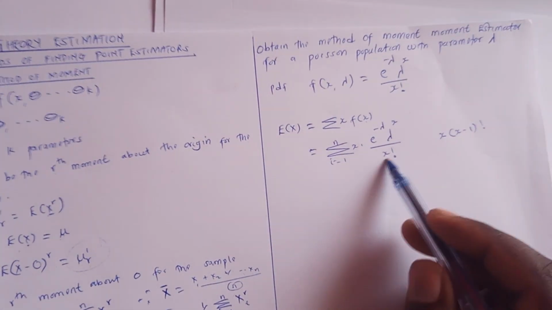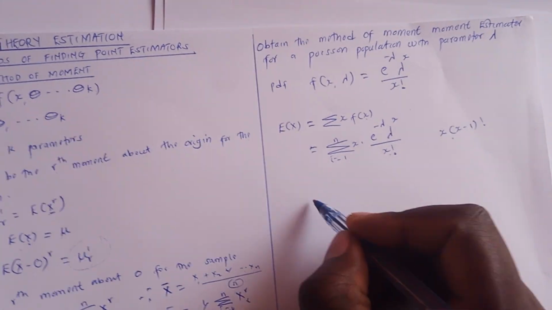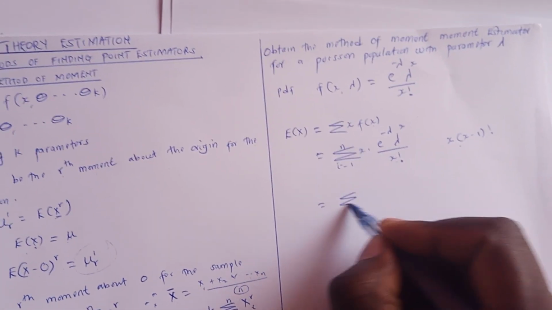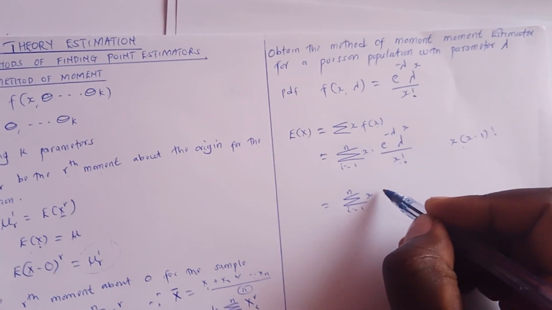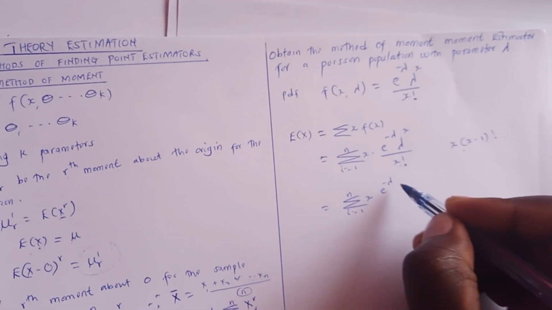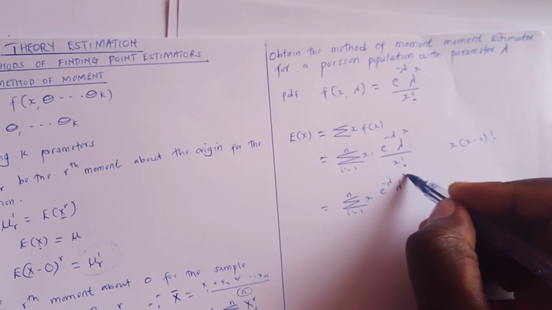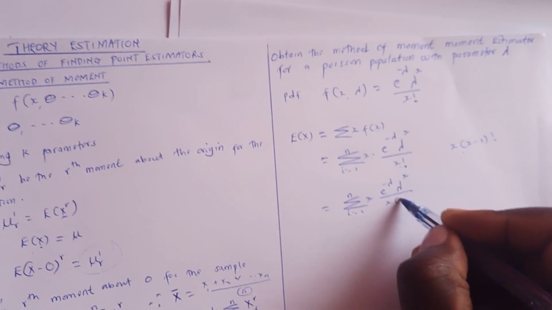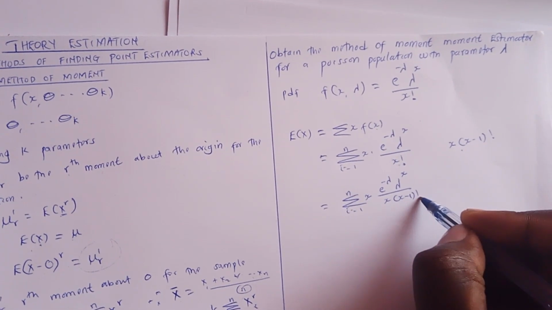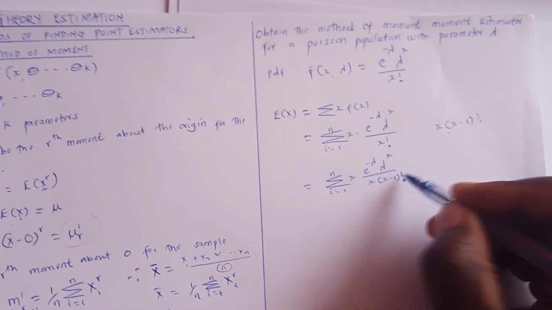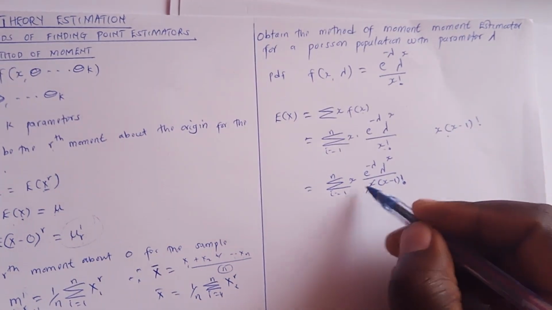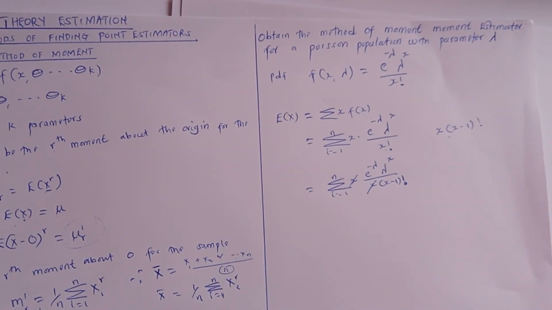So let us substitute x factorial with this one. So we shall have the summation of i from 1 to n, x times e to the negative lambda, lambda to the x out of x into x minus 1 factorial. Then x and x will cancel out.